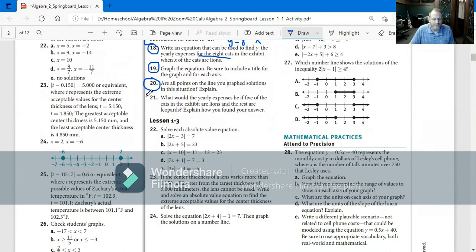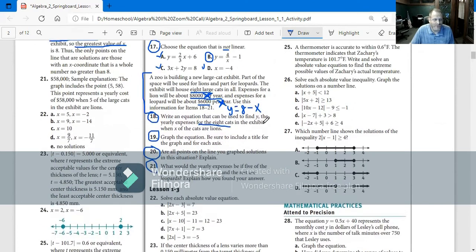Number 21. What would the yearly expense be if 5 of the cats in the exhibit are lions and the rest are leopards? Explain how you found your answer. So the yearly expenses would be 58,000.